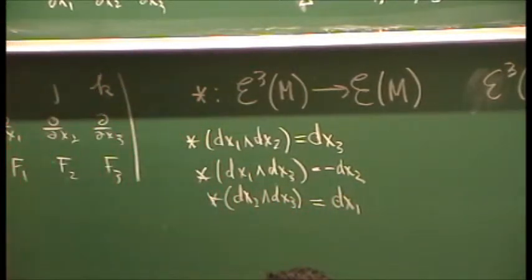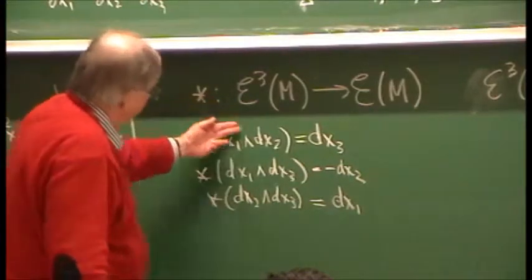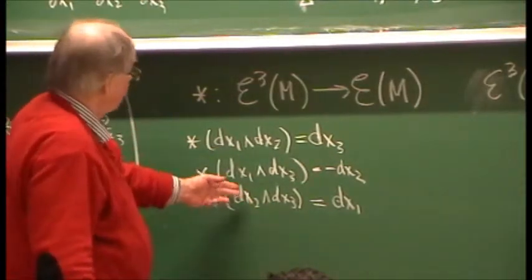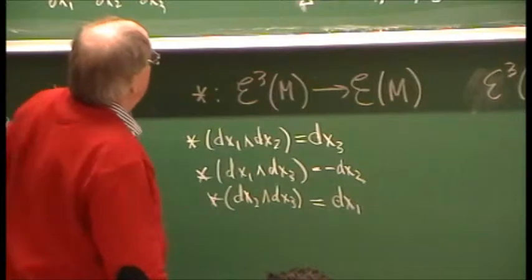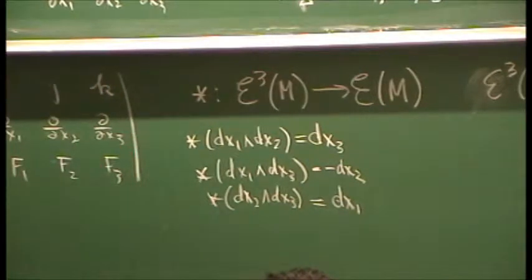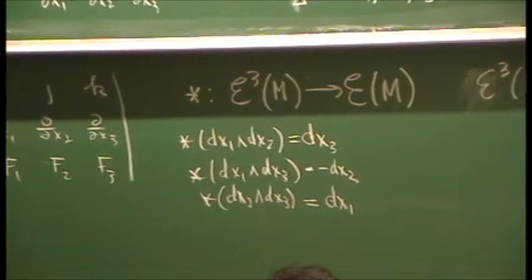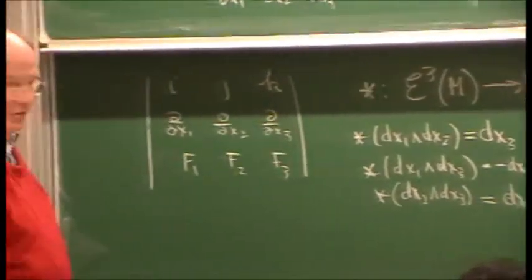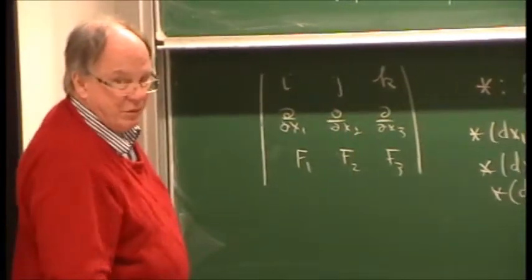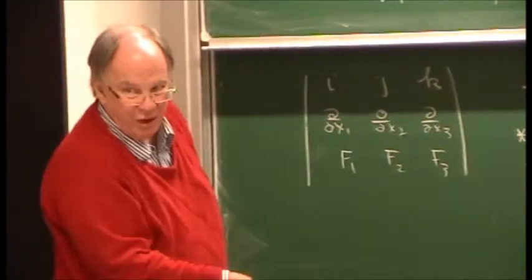So those are the basis elements, and then every 2 form is a linear combination, with functions as coefficients, of these things, and star is then a module mapping that maps those back and forth. This is the case in dimension 3, where you have a given orientation form, and in your subject you do this all the time without thinking.